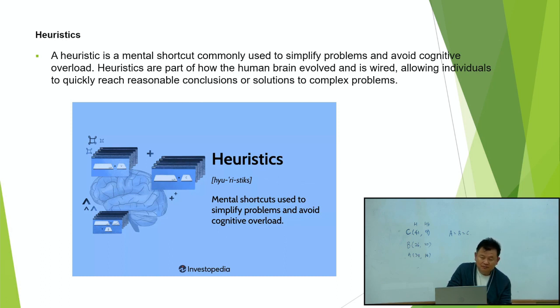No. Most economists cannot accept that human beings act by reasonable conclusion. Sometimes acting quickly is not reasonable. So anyway, this is heuristics: a mental shortcut used to simplify problems and avoid cognitive overload.